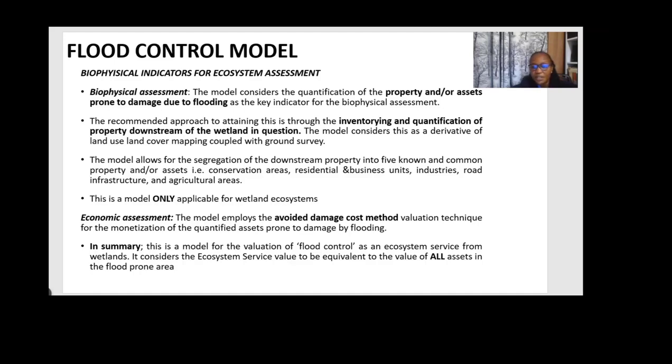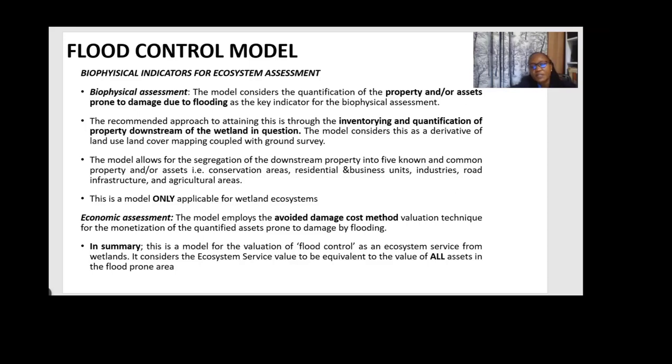And as you understand, and as we have visualized even in the photos in the previous slides, these are the most common scenarios of properties and assets that are likely to be damaged downstream. We must understand this model only applies for wetland ecosystems and not any other ecosystem.